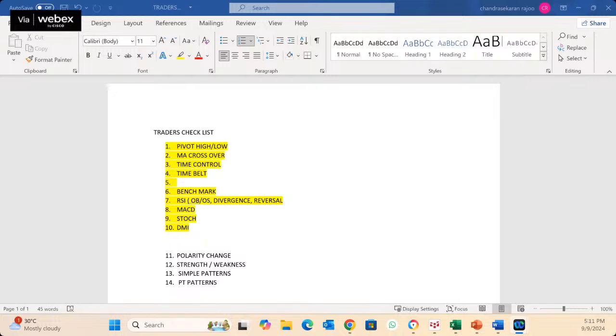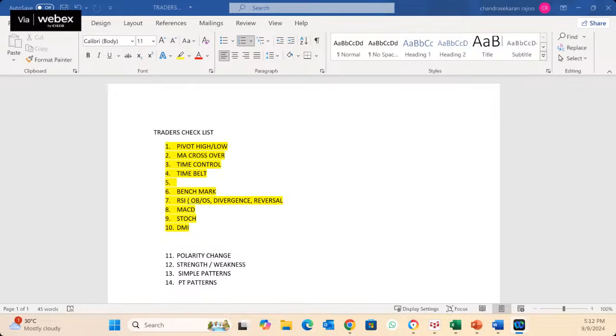If we are looking at a critical high on the week, or weekly critical high, whichever way you say it, we are using the previous week high as a referral point. So the difference between the benchmark and the critical high is that the benchmark can be a lower or higher level depending on when the time belt opens and when we are going to trade.